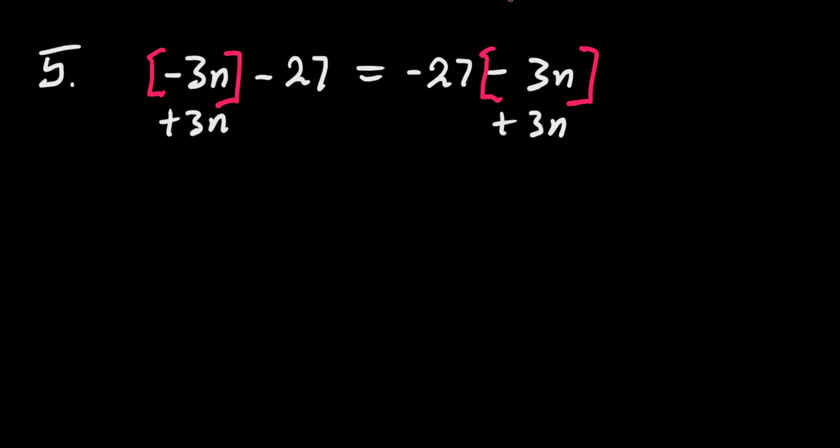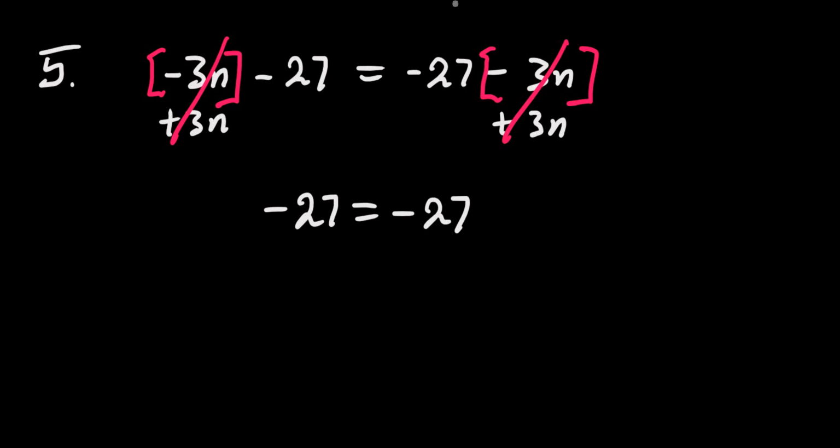That, of course, is going to give us 0. So over here is 0, and on the right side is 0. So now we have negative 27 is equal to negative 27. Yes, this is true. Negative 27 is actually equal to negative 27.